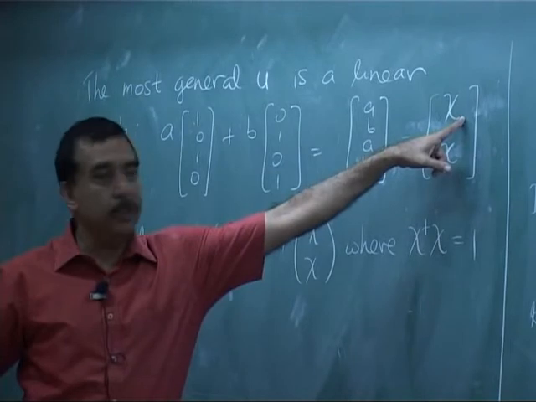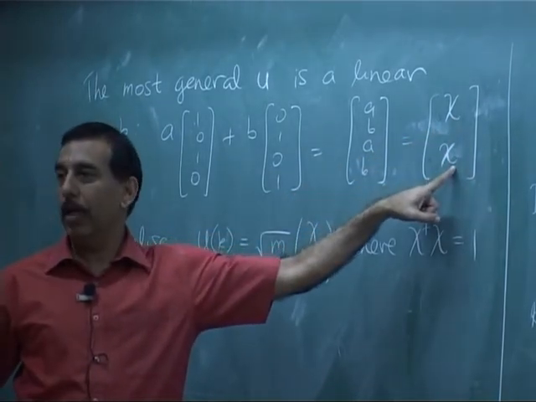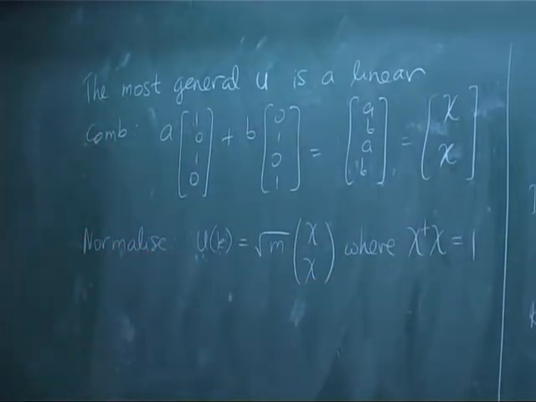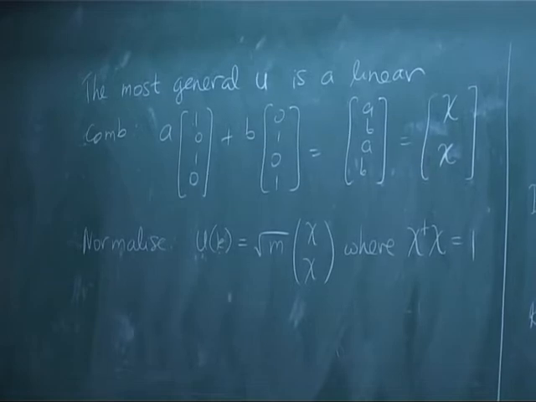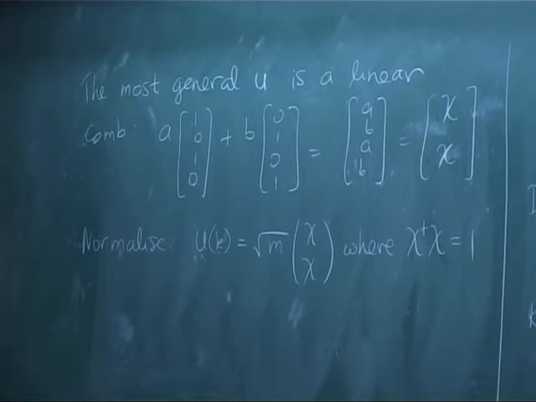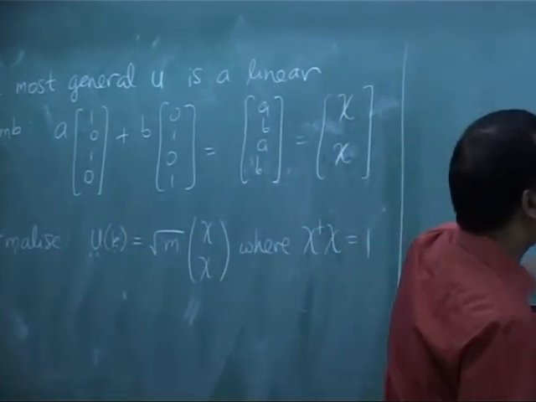So this has indices which go over 1 and 2. This has also independent indices going over 1 and 2. So chi dagger chi is a dot product of a 2 component complex vector with its own complex conjugate. So this is a normalization. Okay. Now once we've done this, then it's very easy to go back to a general Lorentz frame.